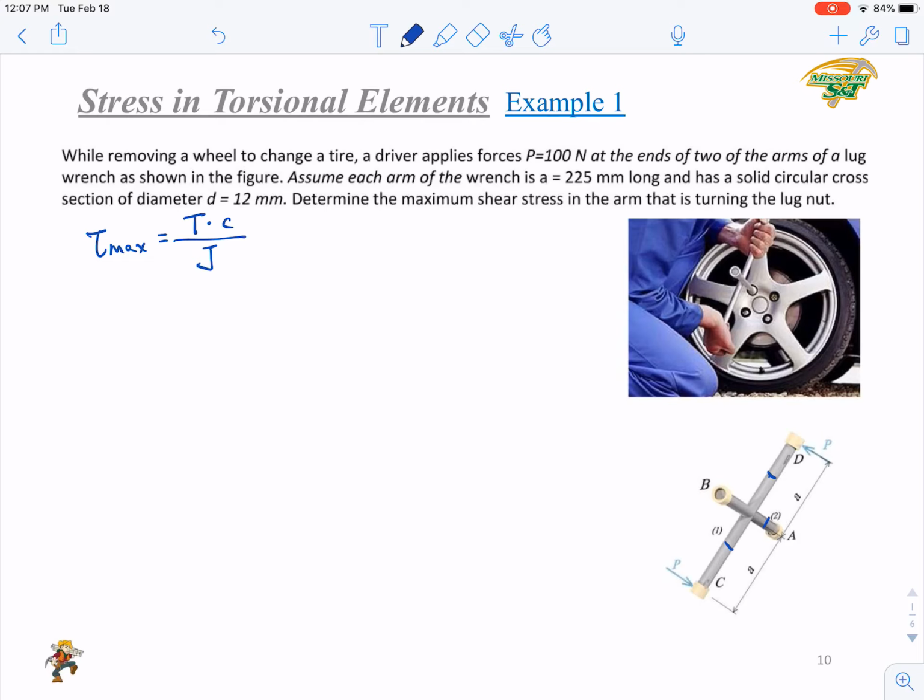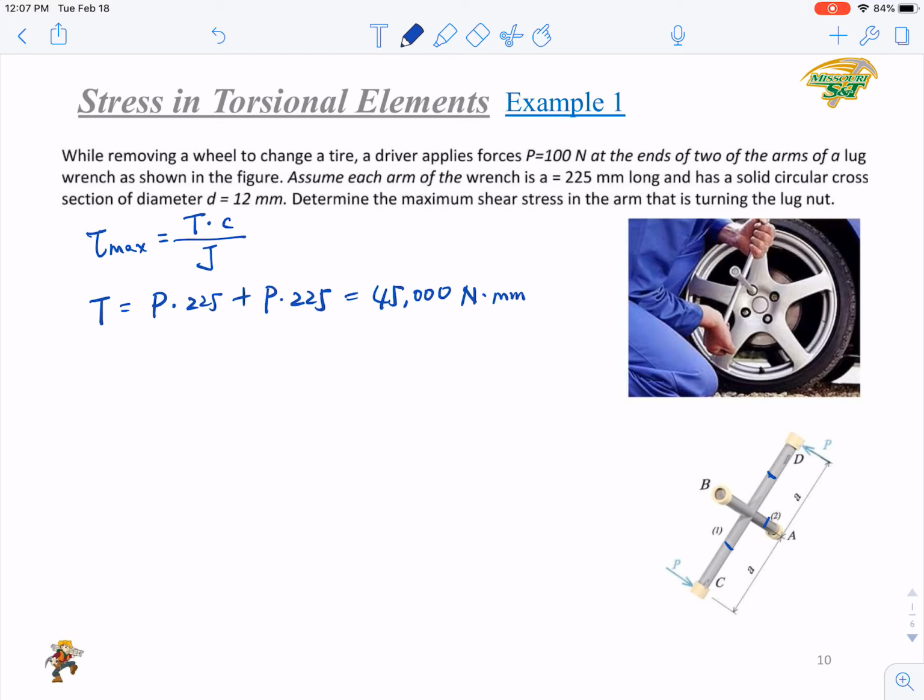The T can be calculated by P times arm, 225, and we have 2P, so plus another one. Our P equals 100 Newton, so this will be 45,000 Newton millimeter.